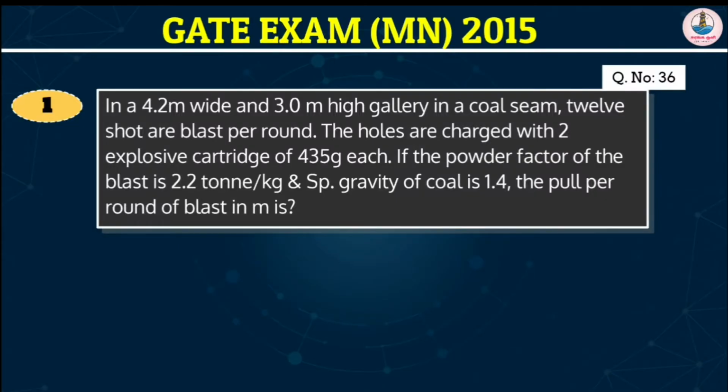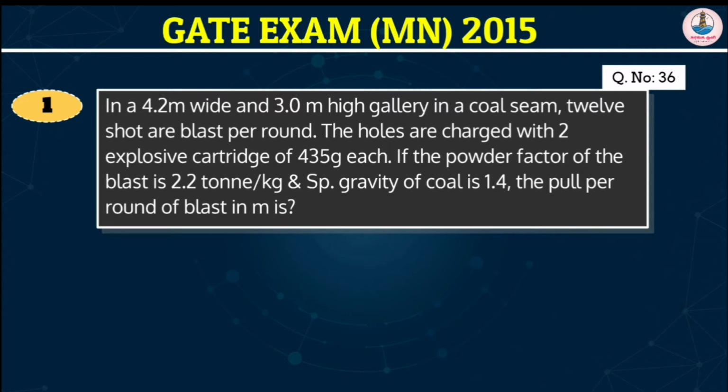Question number 36. In a 4.2 meter wide and 3 meter high gallery in a coal seam, 12 shots are blasted per round. The holes are charged with 2 explosive cartridges of 435 grams each.